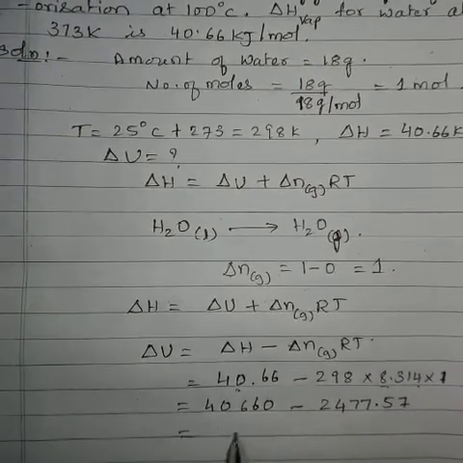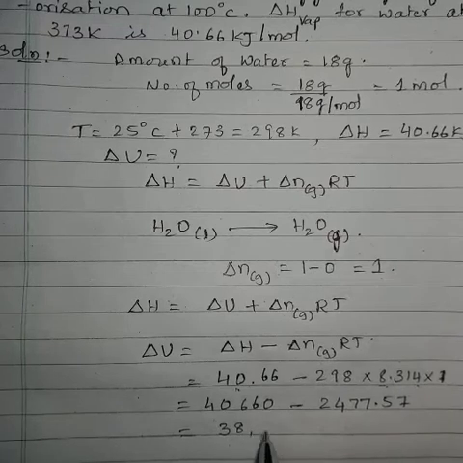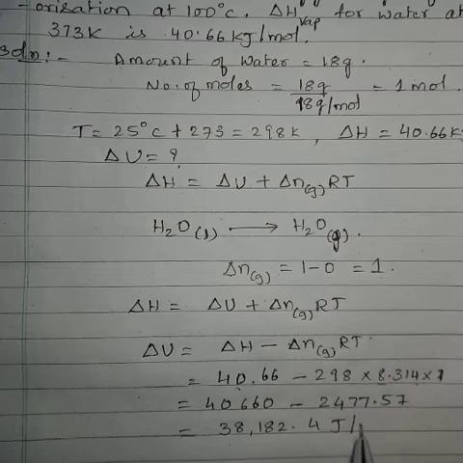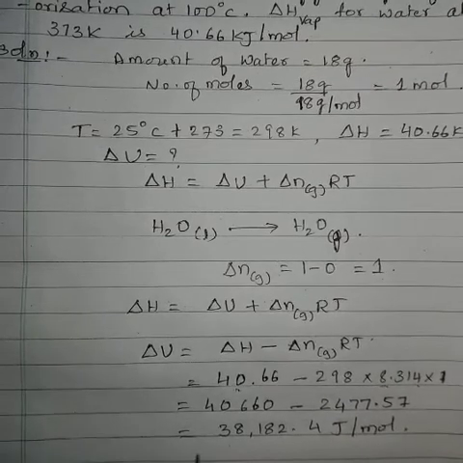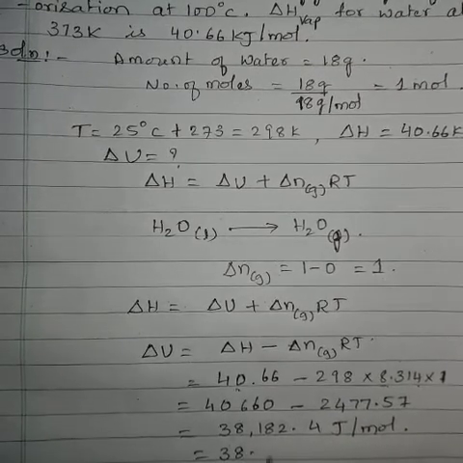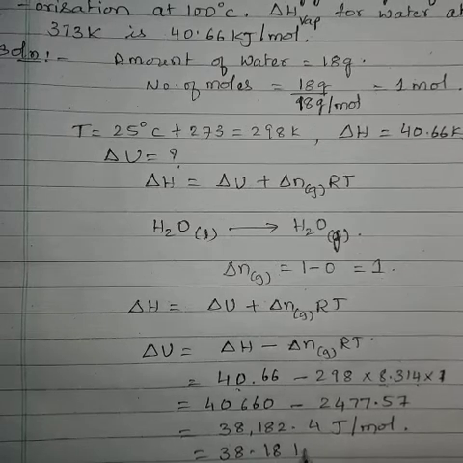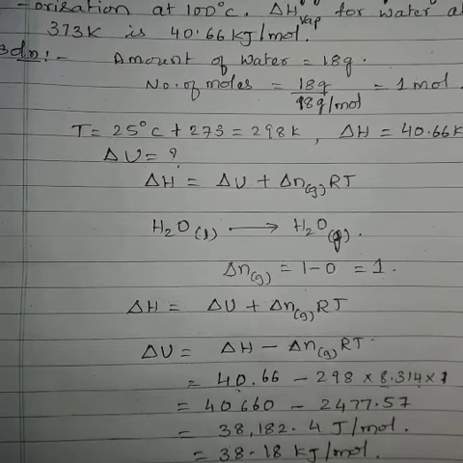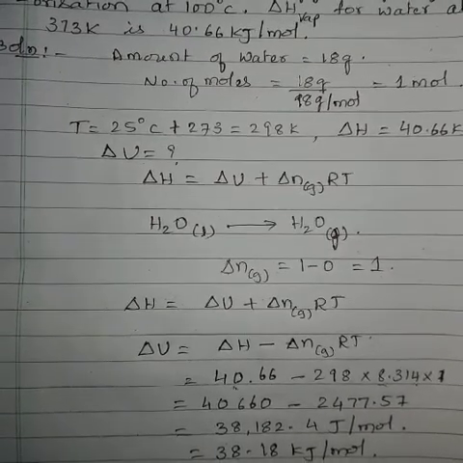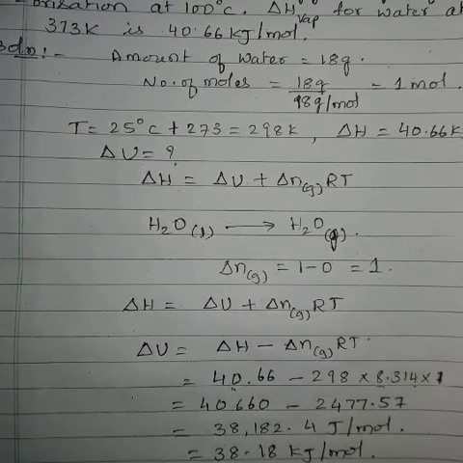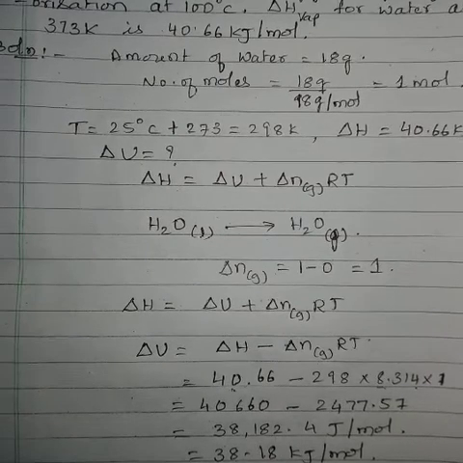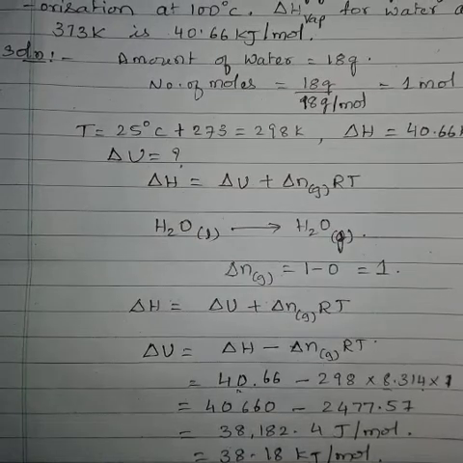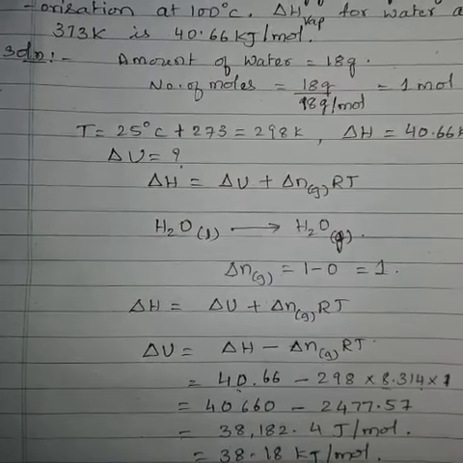Just by subtracting we are getting 38,182.4 joules per mole or 38.18 kilojoules per mole. So this is the amount of change in internal energy whenever 18 gram of water is vaporized at 298 Kelvin temperature.